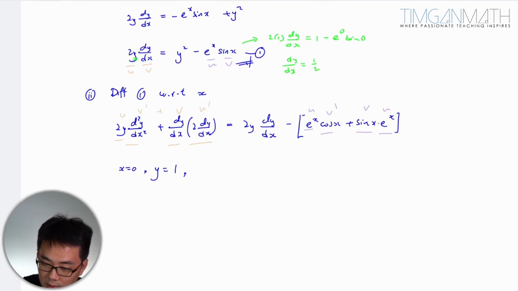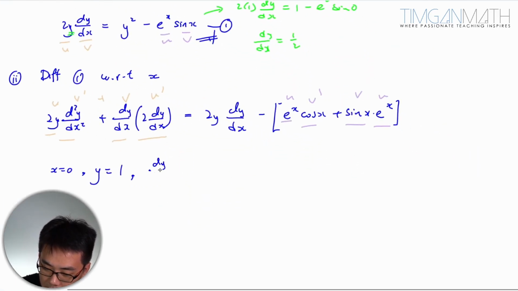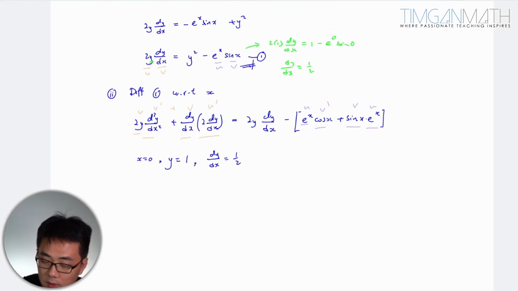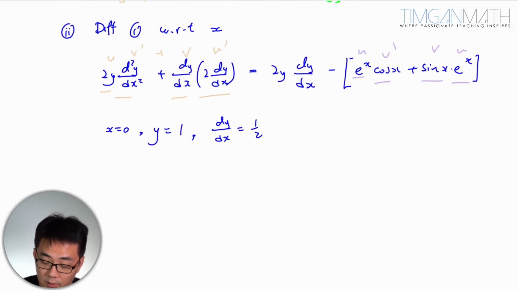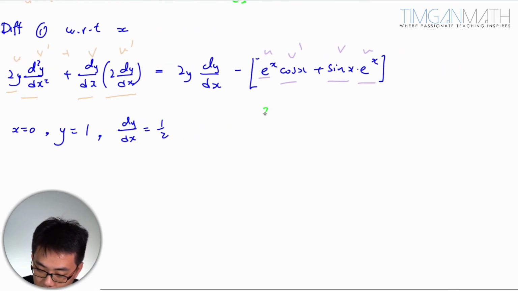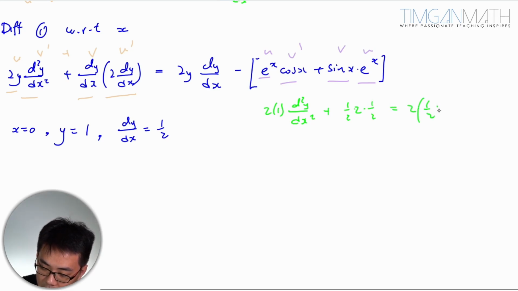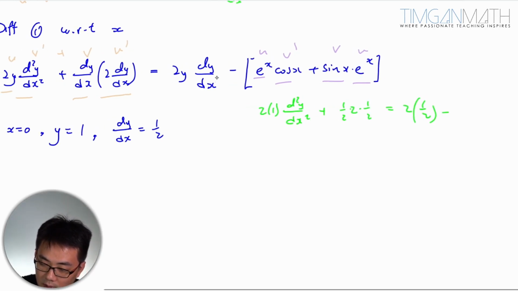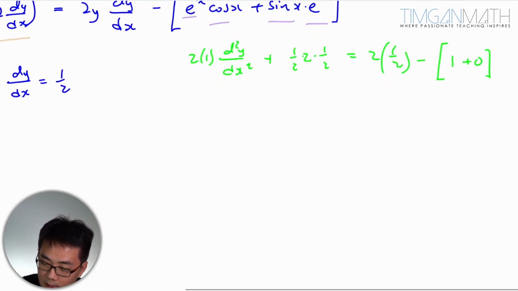Okay, so that's how we do it. This is dy/dx equals half. For this one, same thing, we don't need to simplify, because we just need to find the values there. So y is 1, so this would just be 2 times 1 times d squared y/dx squared, plus 2 times half times half, equals 2y times half minus 2y, which is 1, times half. e^0 is 1, cos 0 is 1, sine 0 is 0, so this part will be 0.